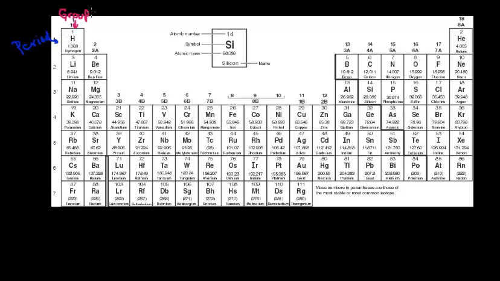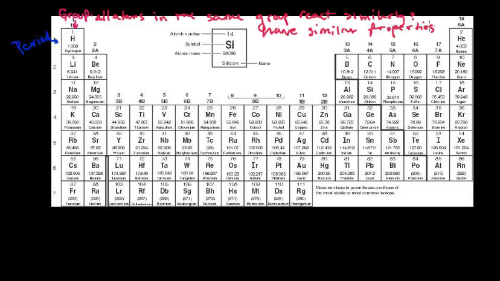So this is one thing to remember: all atoms in the same group react similarly and have similar properties. So that's a fact to have memorized.